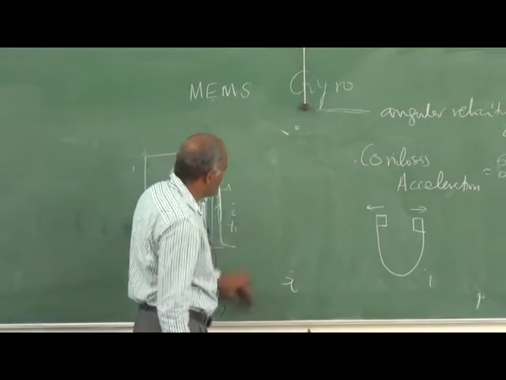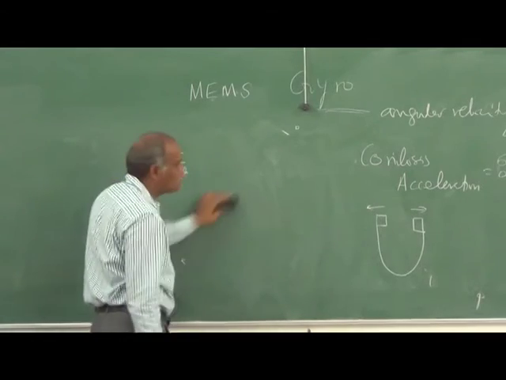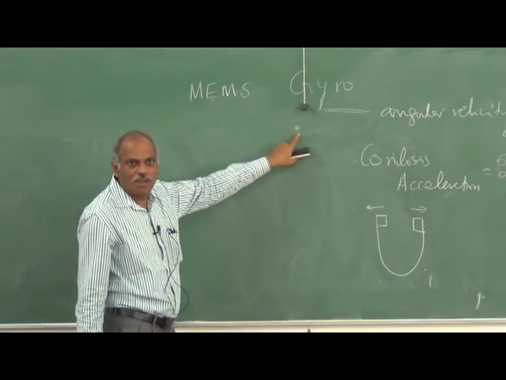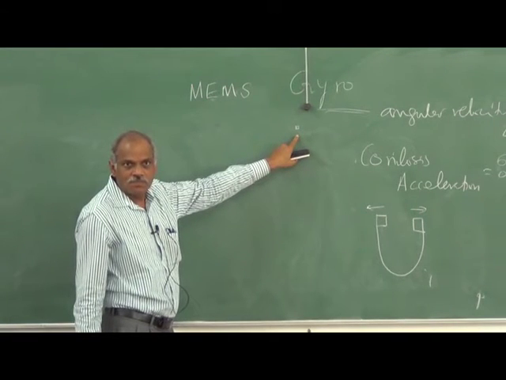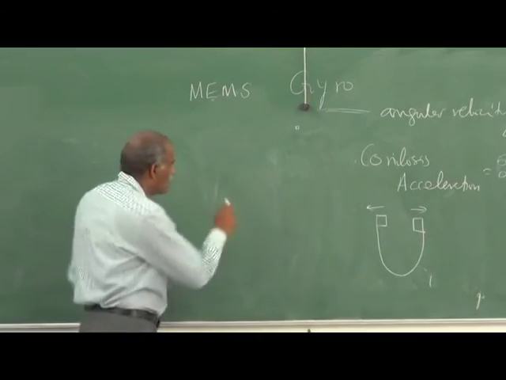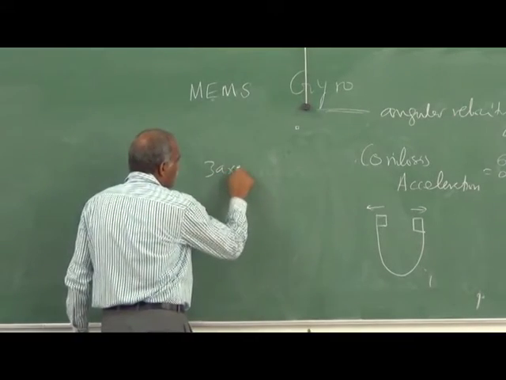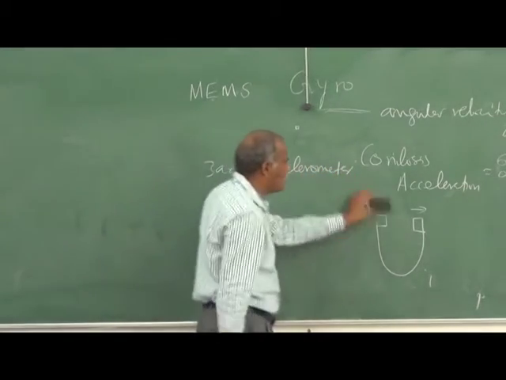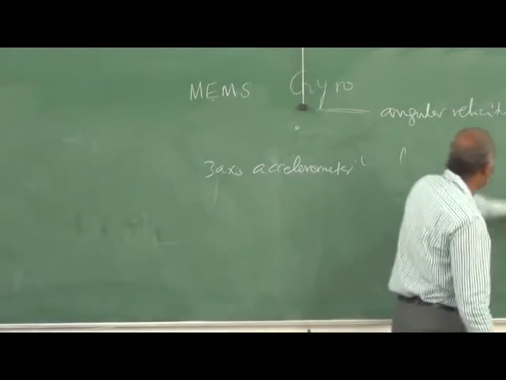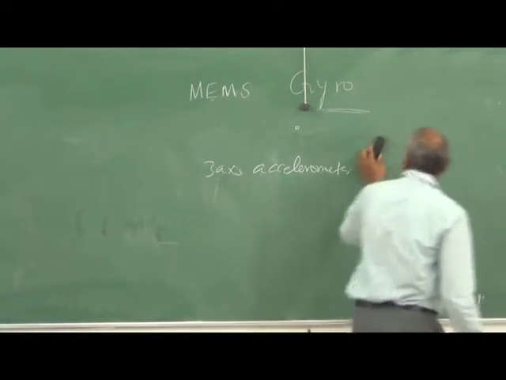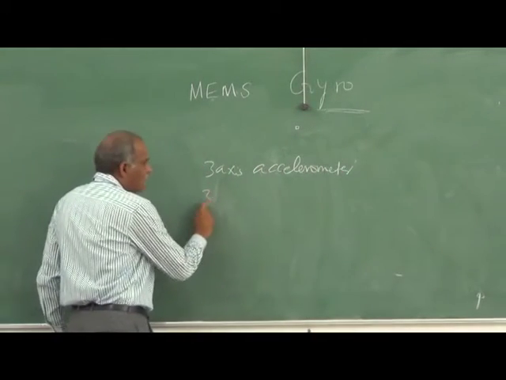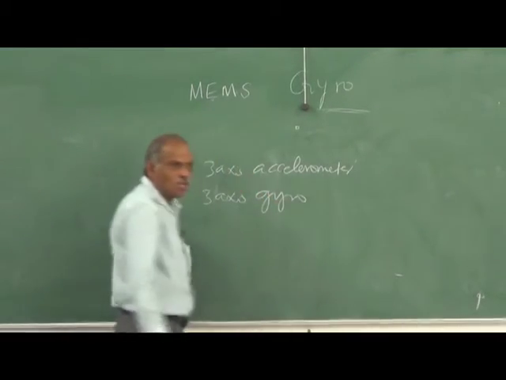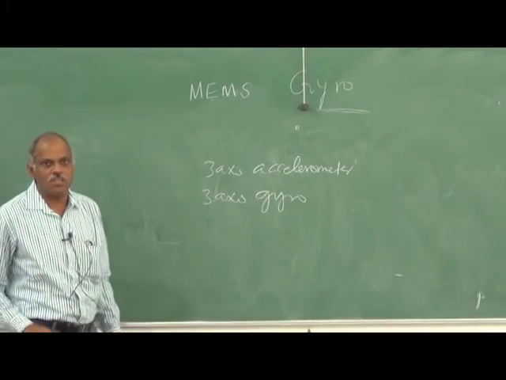Today, this MEMS technology has advanced to such an extent that a chip of this size manufactured by Bosch has a 3-axis accelerometer, which can measure linear acceleration, and also a 3-axis gyro, so that angular velocities in 3 axes can be measured.